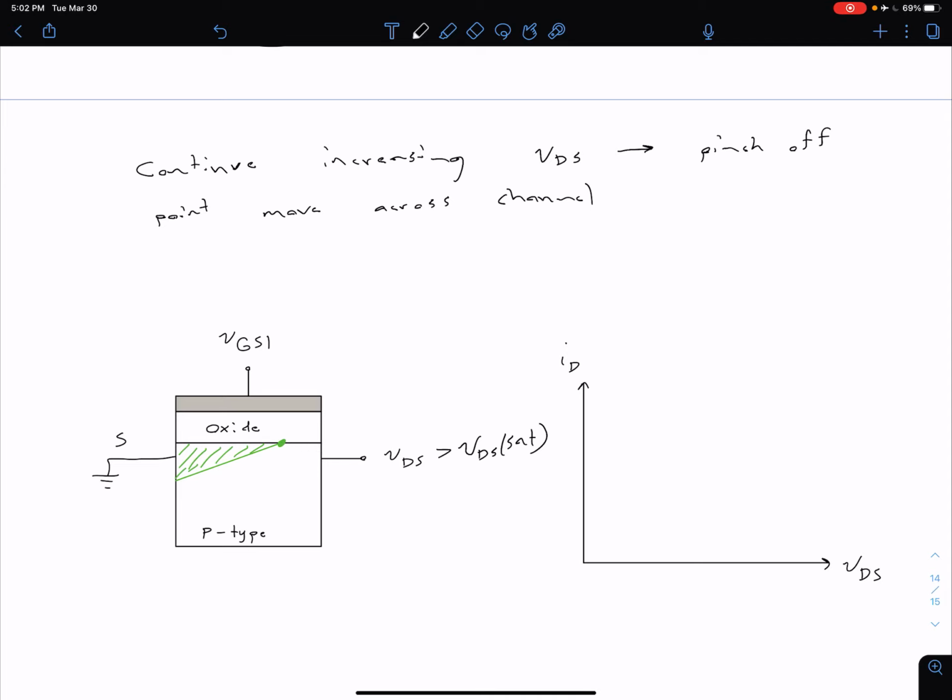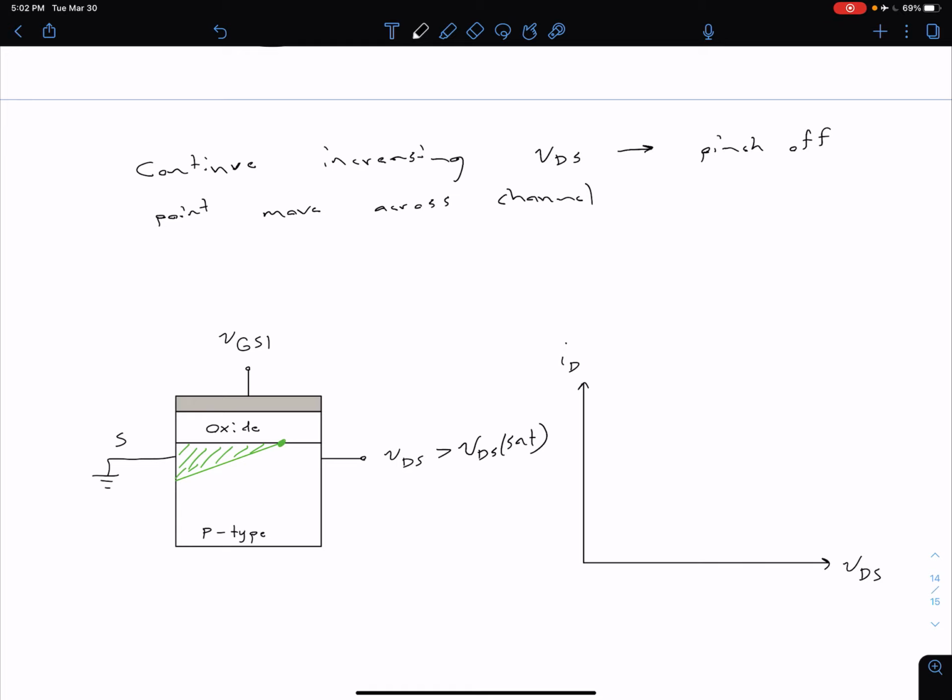So you might be thinking, well, we have this sort of gap region, so we shouldn't have any current again. And so that is actually not what's going on, because we're looking at a simplified diagram. So recall we have, in this case, a P-type substrate, so that means we have an N-type region here for our drain.